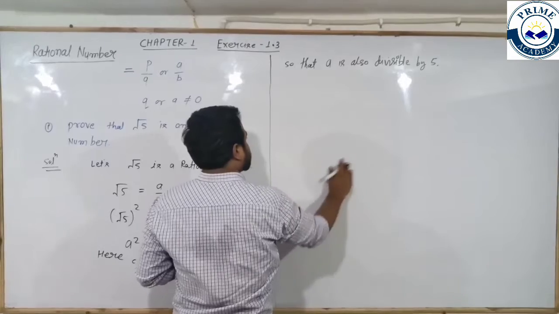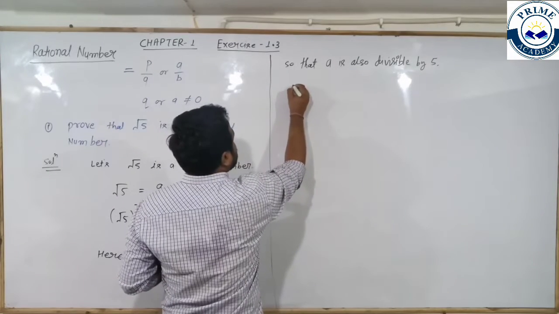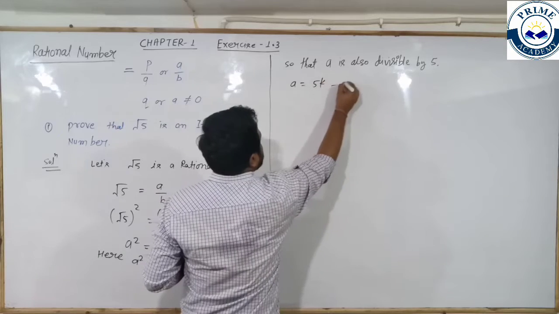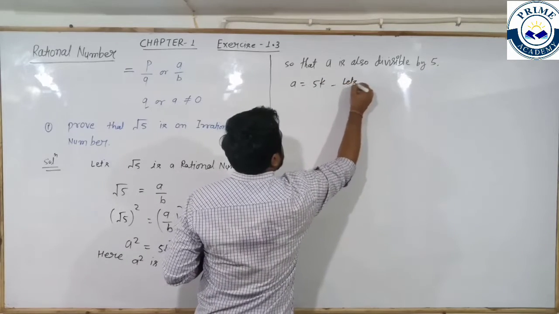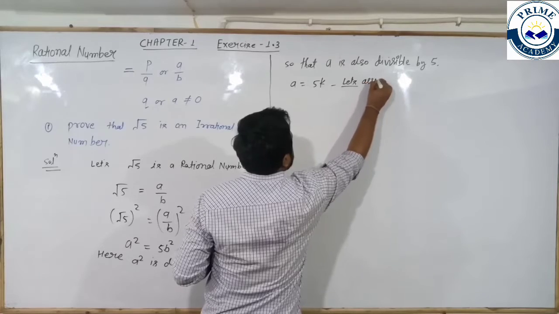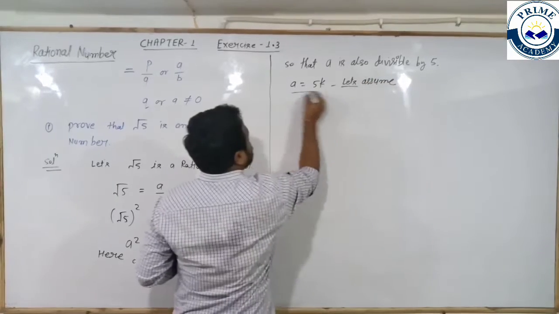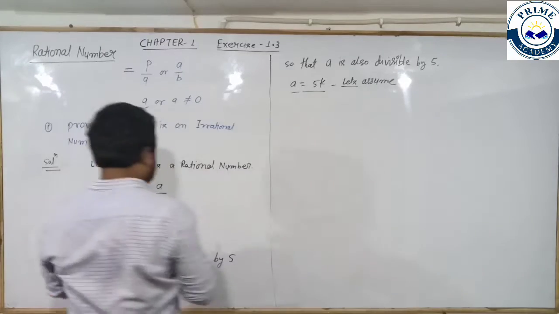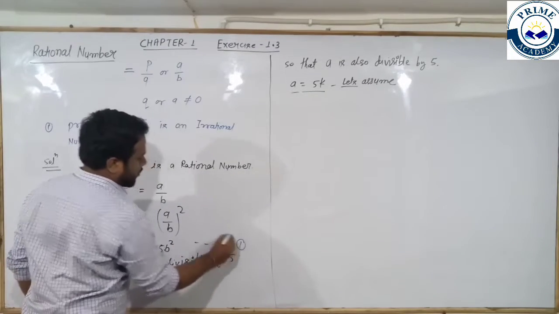Now I suppose a equals 5k. Let's assume a equals 5k. Then put a in this equation number 1.